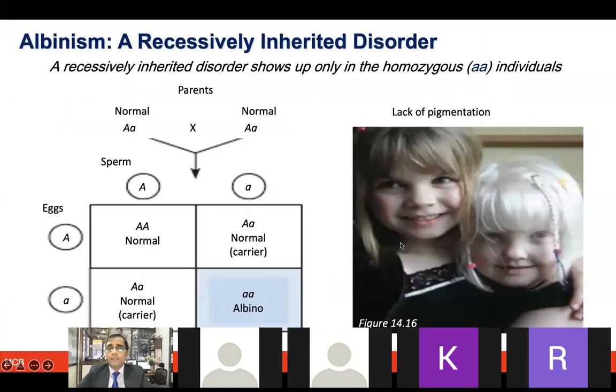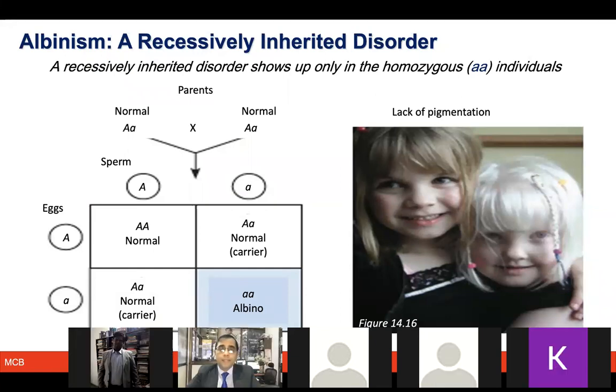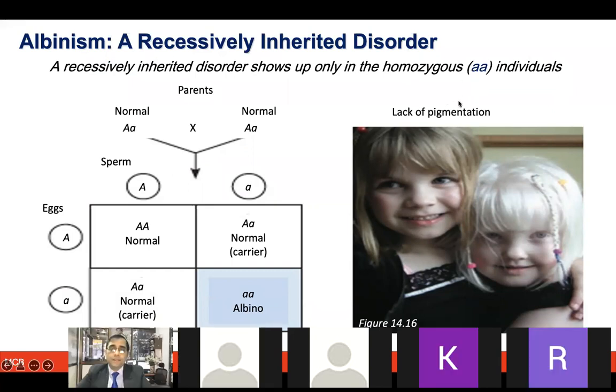The other interesting example which we see in nature, which happens routinely, is that some children are born with white hair, which is a lack of pigmentation. There is some protein, some enzyme, which is not able to be made here. And as a result, you don't see the pigment being synthesized. That's all that happens. And that is caused by the homozygous aa recessive trait.